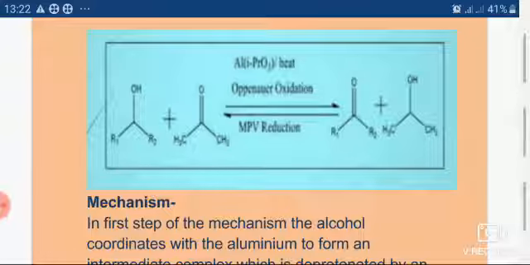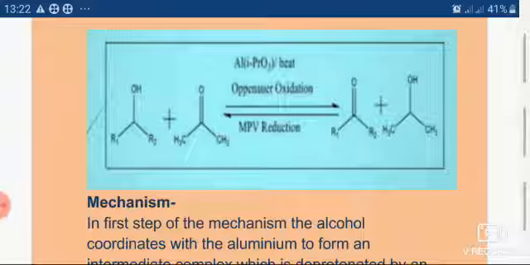In case of MPV reduction, when a ketone reacts with a secondary alcohol like isopropyl alcohol in presence of aluminum isopropoxide, then it gives you a secondary alcohol and a ketone.